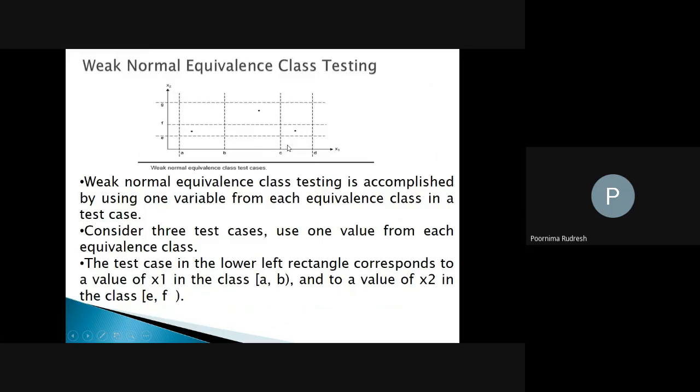Why C parenthesis? Because C can be decreased to B or to A, and hence for C it is parenthesis, and for D it is a square bracket. Why? Because after D we can't increase the value of x1. If we increase the x1 value beyond D, then it leads to an invalid test case or invalid input case. So that's why we are not considering that.